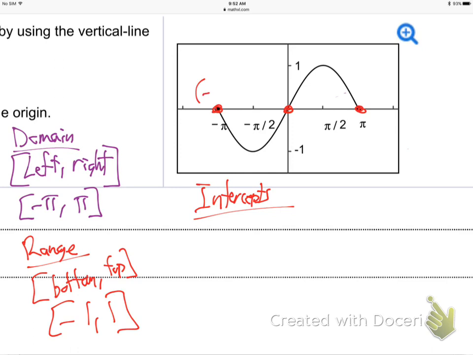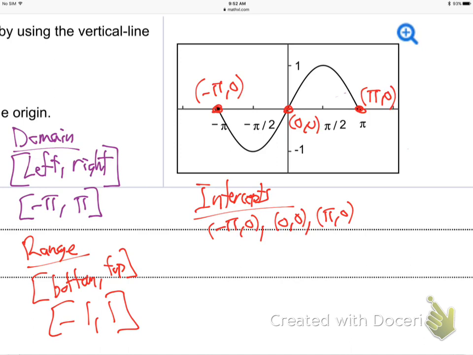So what's the coordinates of this point? Negative pi, 0. This one's 0, 0. And this is pi, 0. So negative pi, 0; 0, 0; pi, 0. Those are 3 different points separated by commas. Are you with me? Is that making sense?